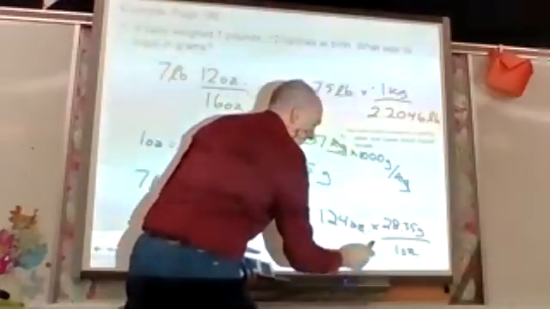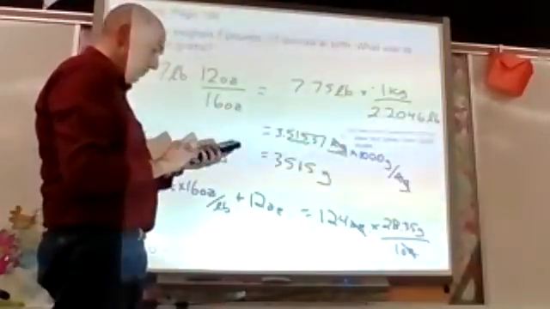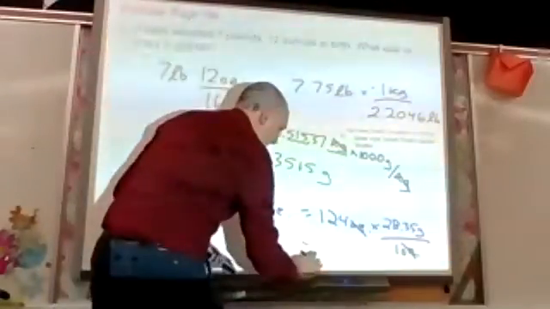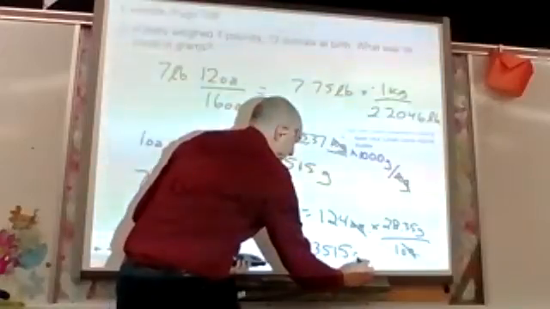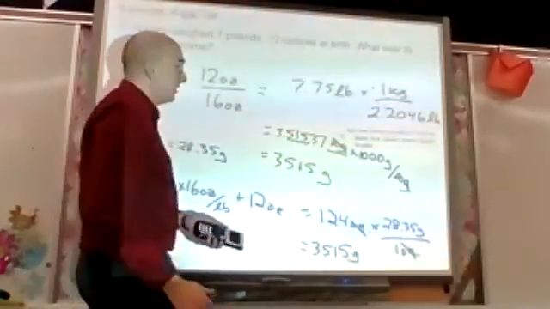Then my ounces cancel out, and I'm left with 124 times 28.35 equals 3,515 grams.